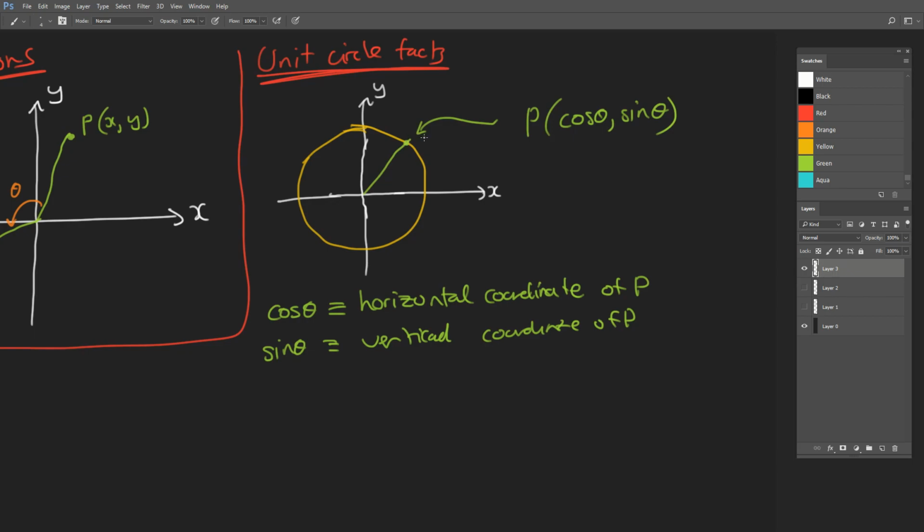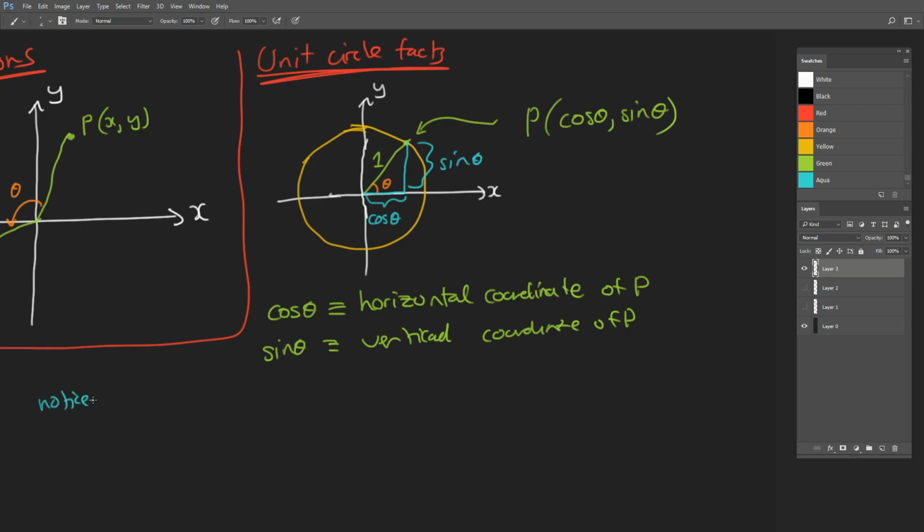So that's going to be our point P. And I'll draw the sides of the triangle in blue, and this is going to be an angle theta. Now, since we're on the unit circle, the length of the hypotenuse will be 1. And since cosine theta and sine theta are positive, and lengths are always positive, the horizontal length will be cosine of theta, and the vertical length will be sine of theta.